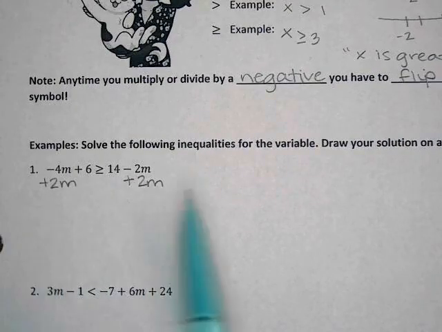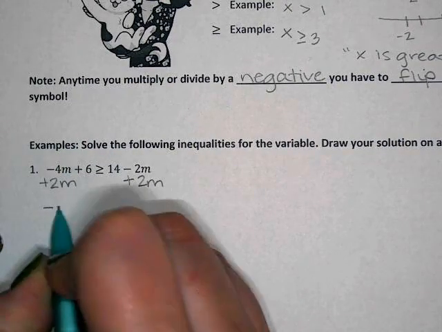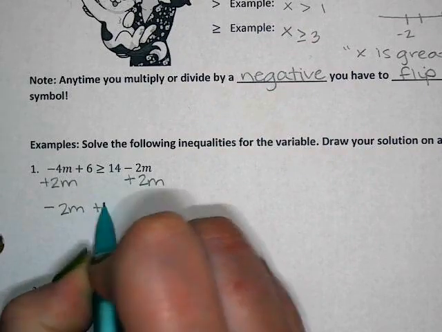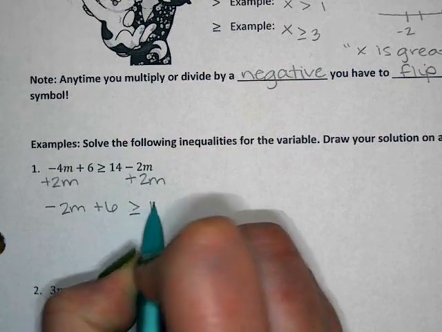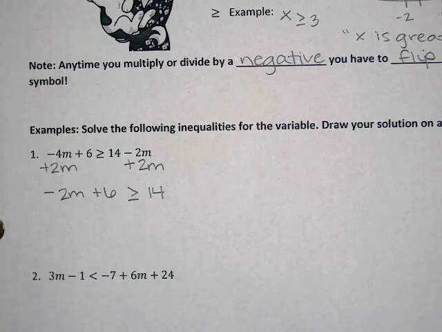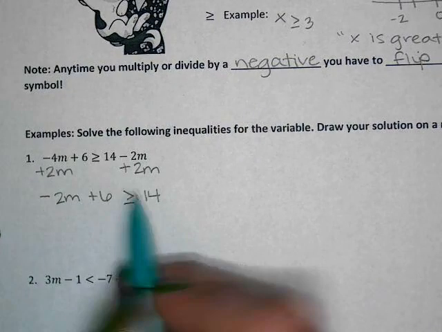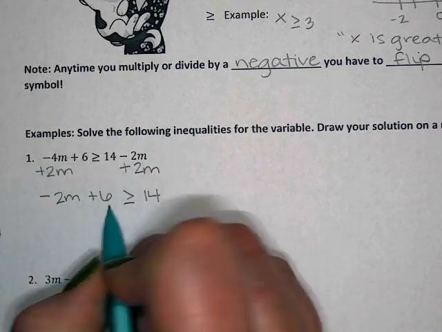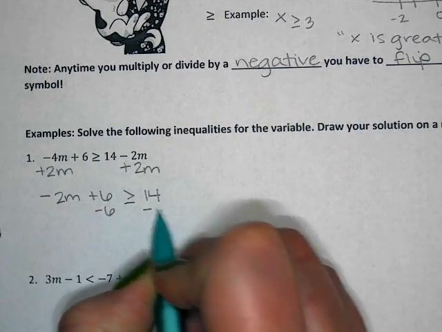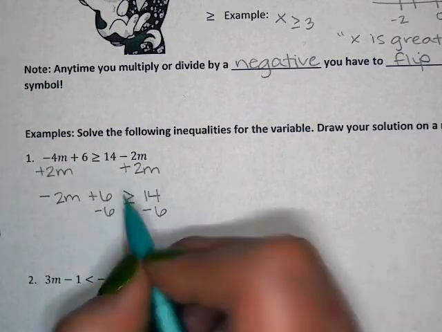So if I add the 2m to the other side, I have negative 2m plus 6 is greater than or equal to 14. Then subtract the 6, so that I've got my variable on one side and my numbers on the other side.